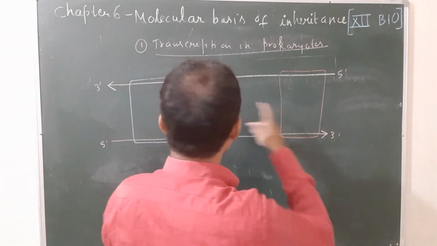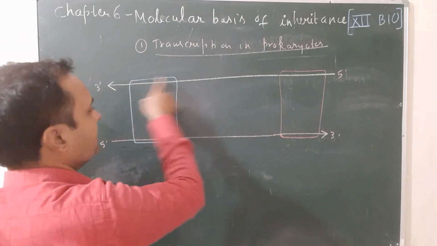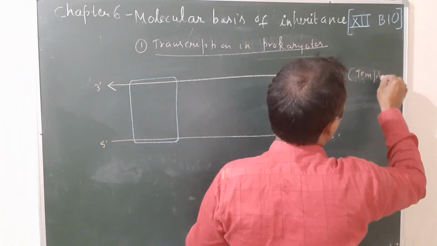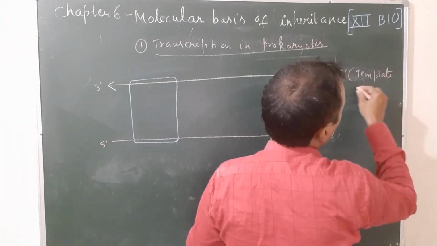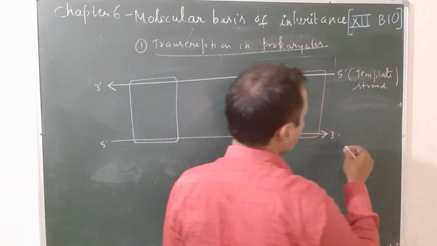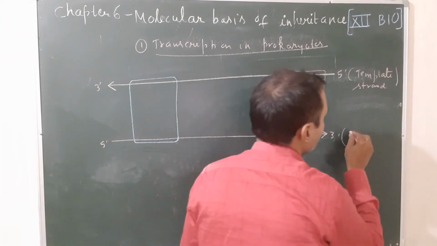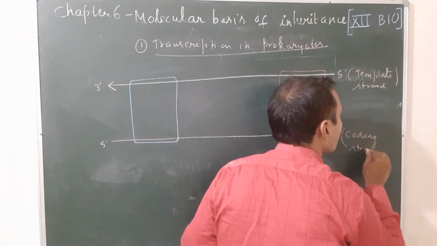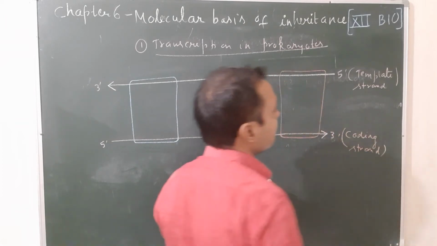The whole component is known as the transcriptional unit. The strand of DNA having polarity 3 to 5 is known as the template strand, and the strand of DNA having polarity 5 to 3 is known as the coding strand. You have to remember well what is the template strand and what is the coding strand.